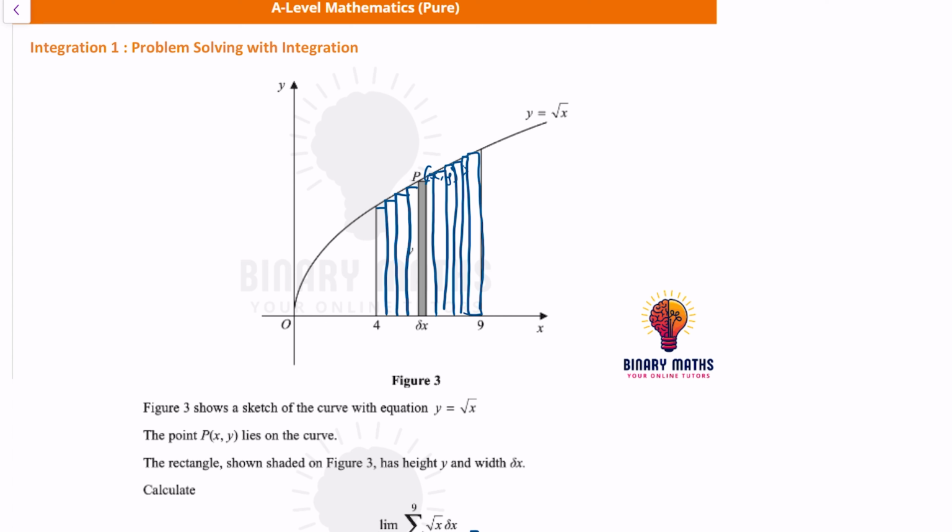So that is equal to the area under the curve y equals root x between x equals 4 and x equals 9.